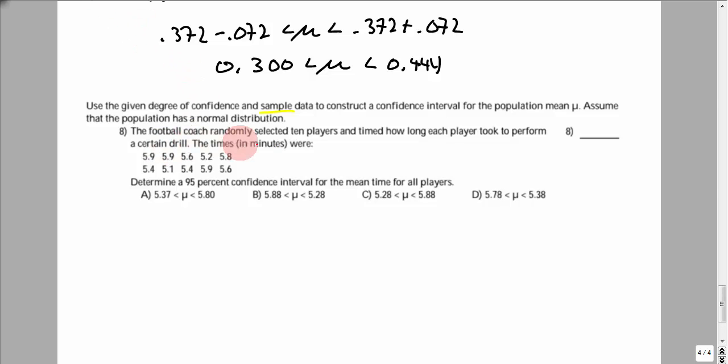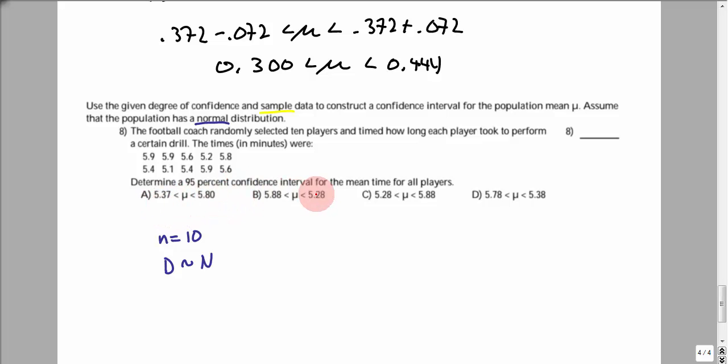Okay, so the football coach randomly selected 10 players, so we know n equals 10, and timed how long each player took to perform a certain drill. So what we know here then is the drill times are distributed normally. So we know normal here because it told us right up here.